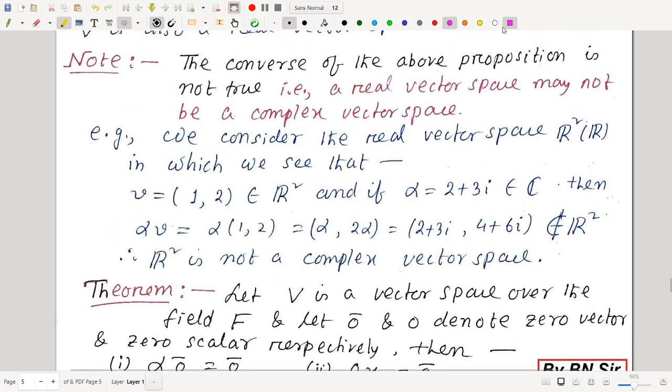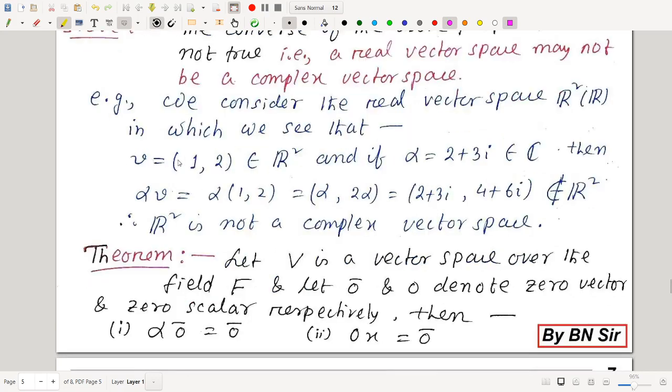The converse of the above proposition is not true. That is, a real vector space may not be a complex vector space. For example, we consider the real vector space R square bracket R. We have seen it is a real vector space in which, suppose small b is equal to the ordered pair 1 comma 2, it is in R square, the xy plane. And if alpha is 2 plus 3i, a complex number, then alpha b is alpha into 1 comma 2, which is alpha, 2 alpha.